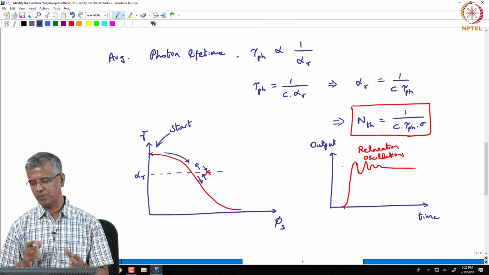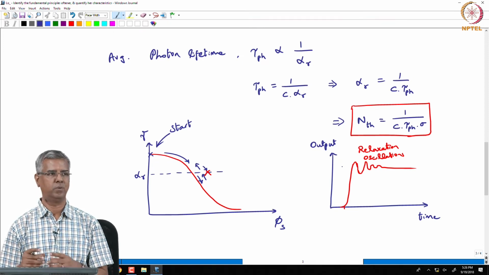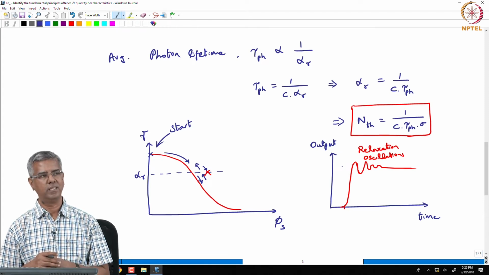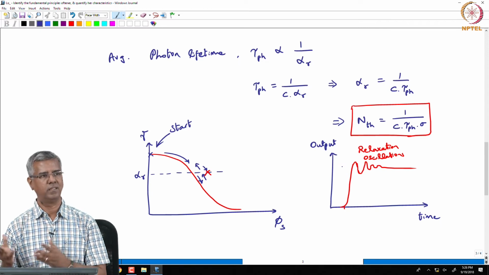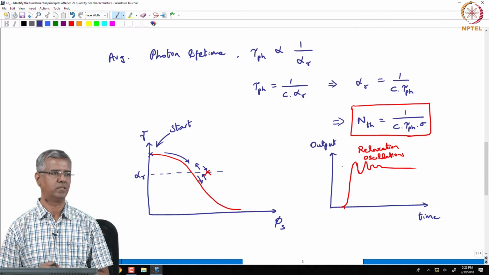Okay. So, if you look at the microscopic picture, what is happening from the photon perspective, you can actually track all these processes really well.